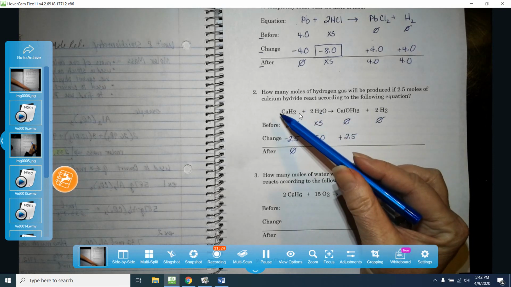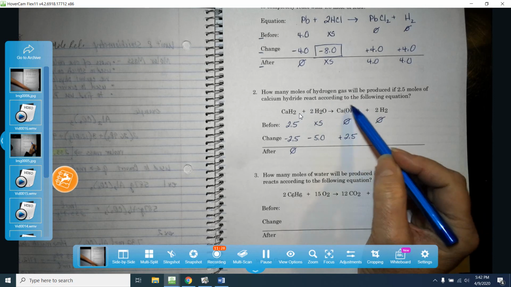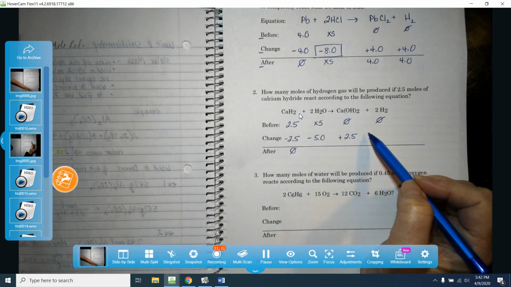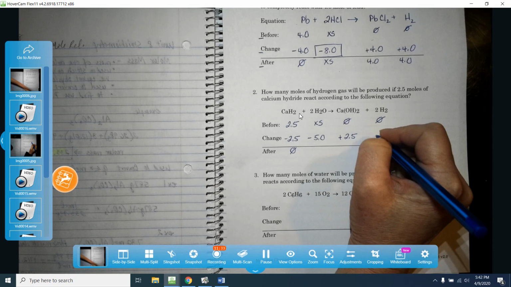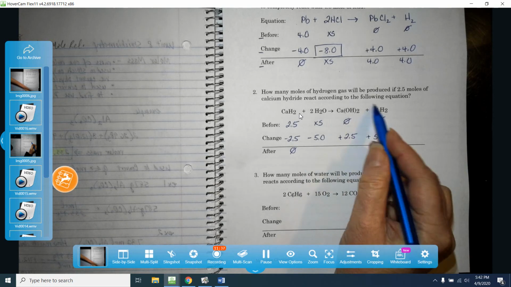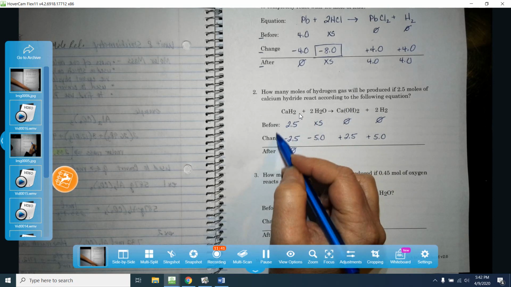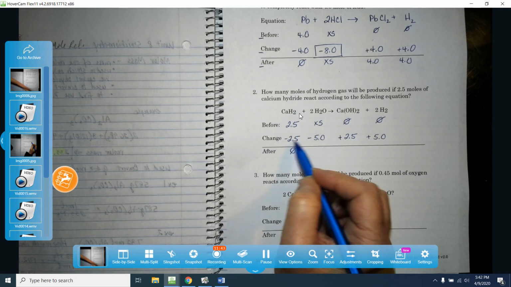This one is a 1, so twice as many of this as that. Or you can look at, hey, these two are the same coefficient, so therefore these two numbers need to be the same. So we're going to put a 5.0 there, and it's positive because this is the product side. We're making product. Reactant sides are negative because we're using them up.